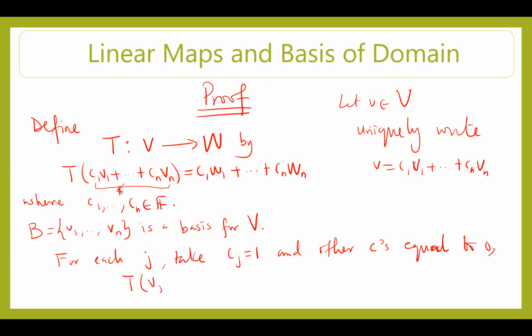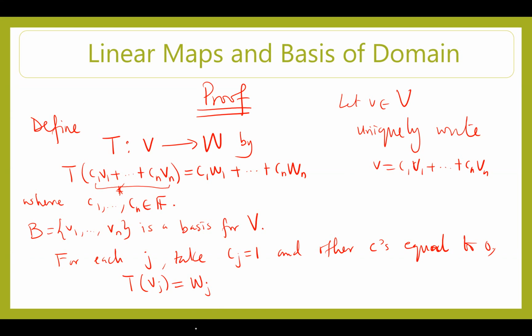So I'm going to have vj, and then the same c is used to define the right-hand side, so wj will also survive there. So this T gives this kind of property. I have a well-defined T, and that T of vj is wj.